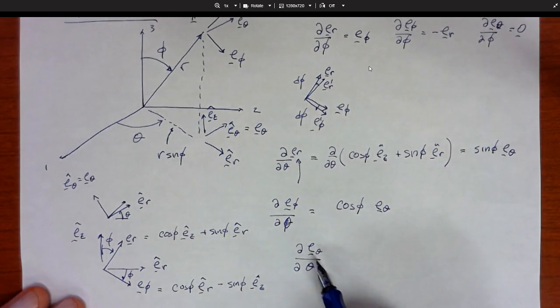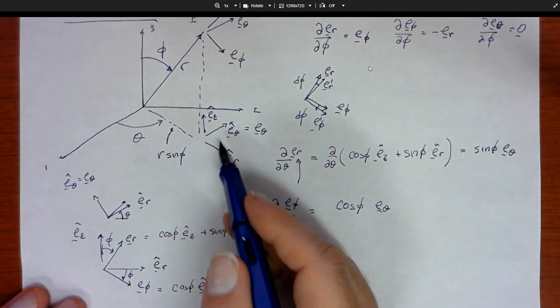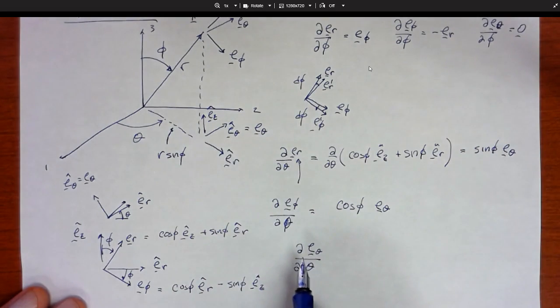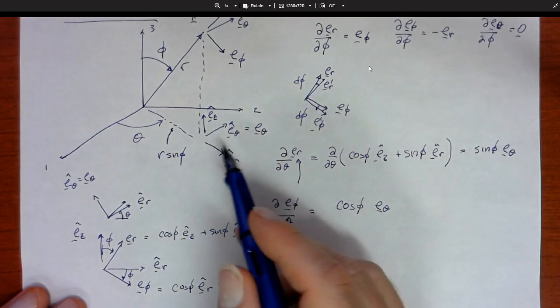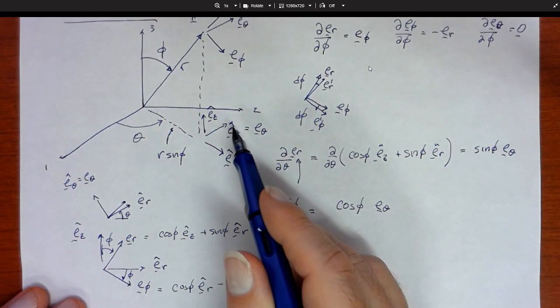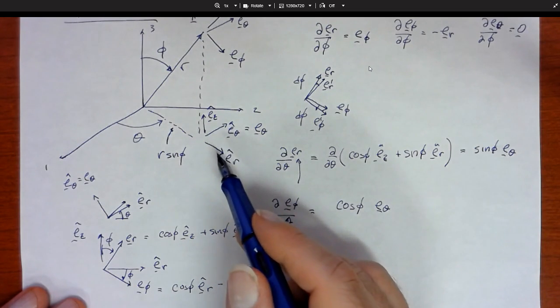Well, this is exactly the same as the cylindrical case, right? So E theta is the same as E theta hat. So when we move theta, we know that E theta hat actually goes into the minus ER hat.